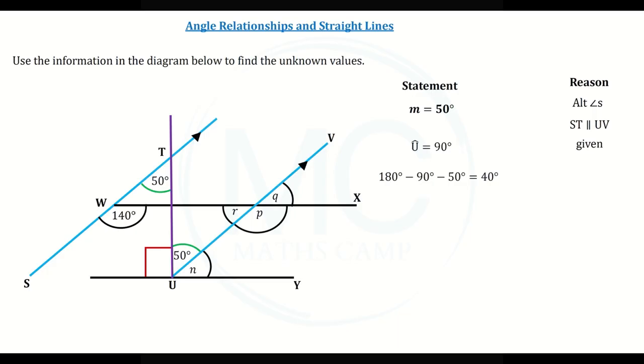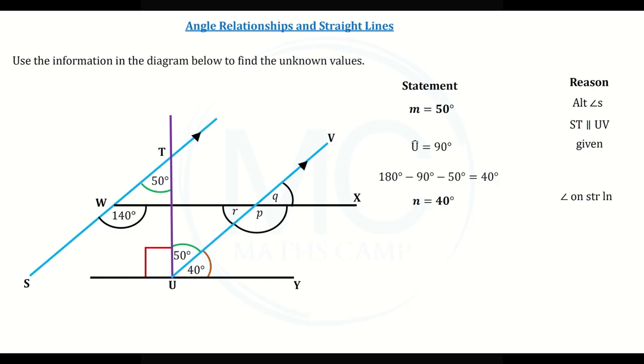So N must be 40 degrees because these are angles on a straight line. Let's make angle N orange. Now we can take N out and write in the angle of 40 degrees.